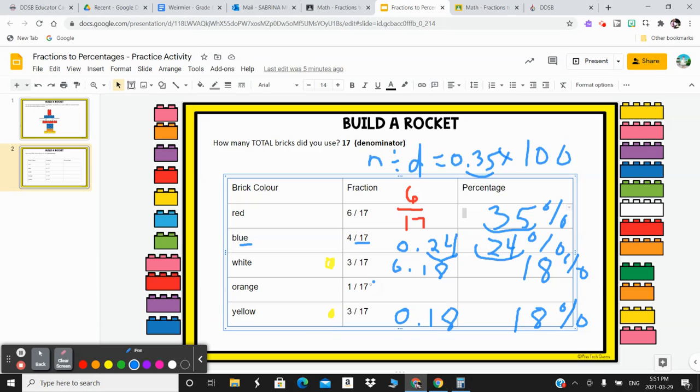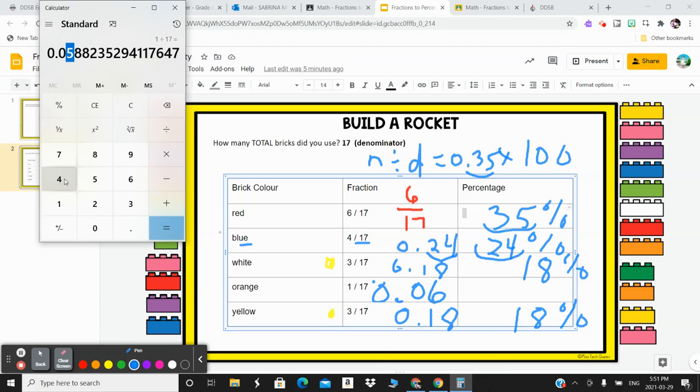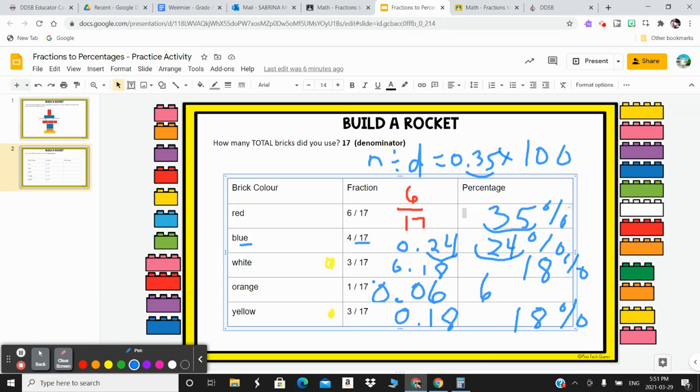So that would be 0 and 0, 6. And if I multiply 0 and 6 hundredths times 100, it's going to give me 6. So 6%. 6% there. So that is what you're doing on here.